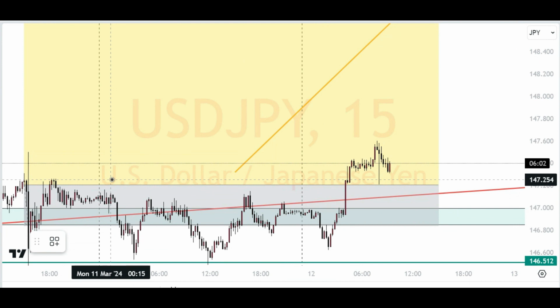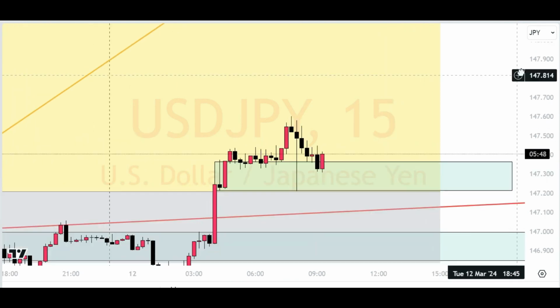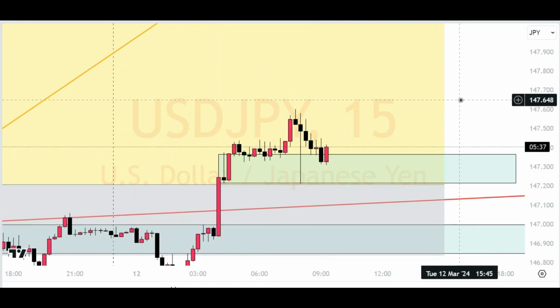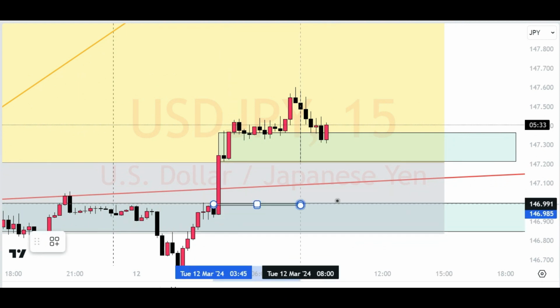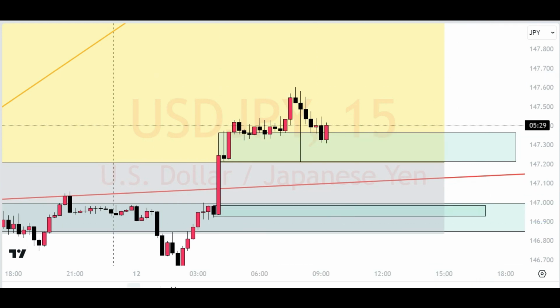So basically, this is my order block. The market is printing candlesticks that are bullish, but then in the midst there is a bearish candlestick. So that is my order block. Another one of my order blocks, guys, is this one. Same thing even there.